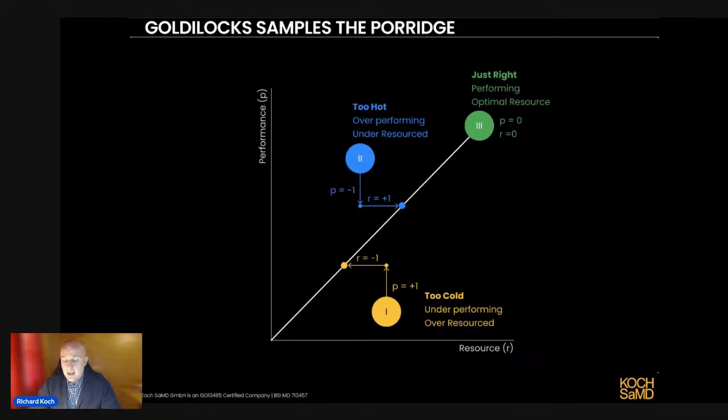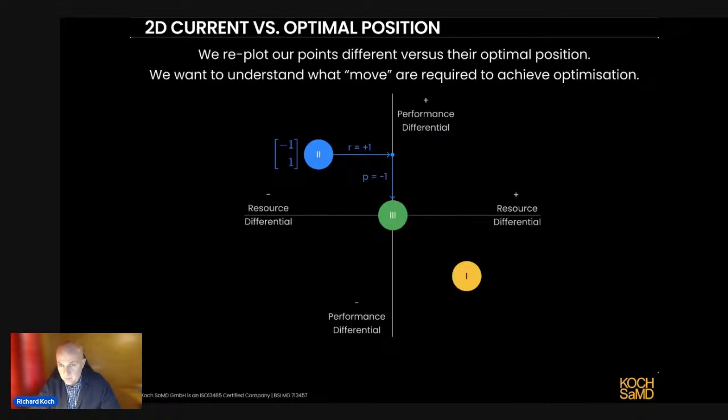But what we can do now is actually transform the reference point of our data to something like this. Now, it's the same data, but it's mapped against a different reference, and that reference is versus where we want them. So we saw on the previous slide, if we look at the blue, the class 2 product, that they were under-resourced by 1, and they were overperforming by 1.